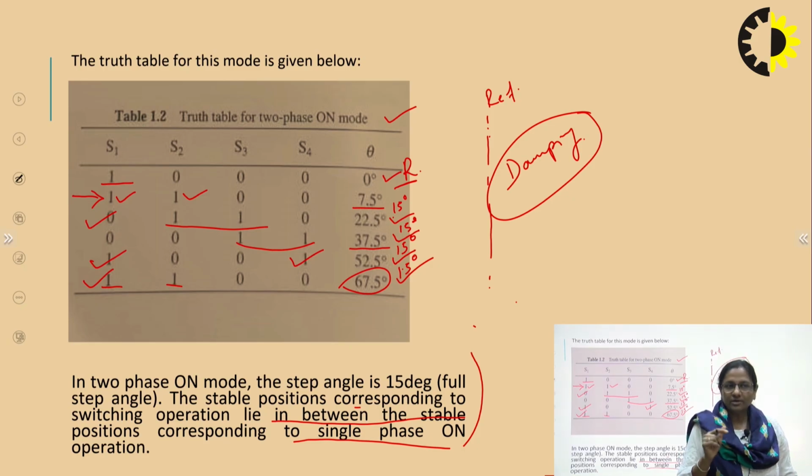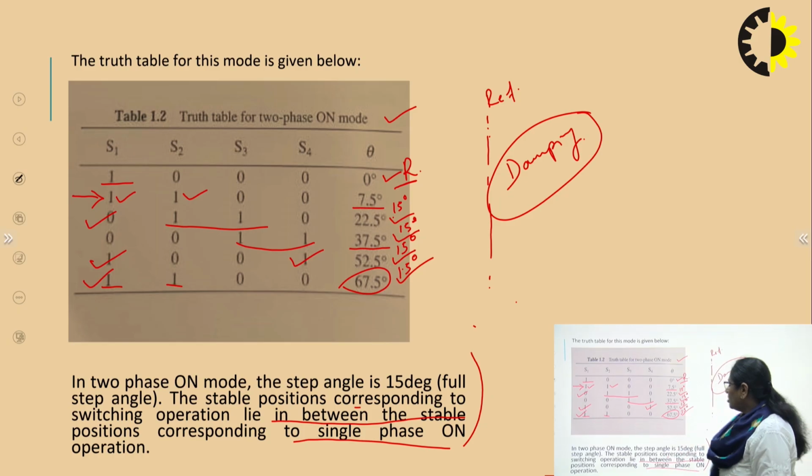In one phase on method, these oscillations take larger time to damp out, and for the normal application of stepper motors, no separate damping arrangement is provided, and the damping is provided with the help of the rotation of the rotor between the bearings. So actually bearing friction causes damping of the rotor.